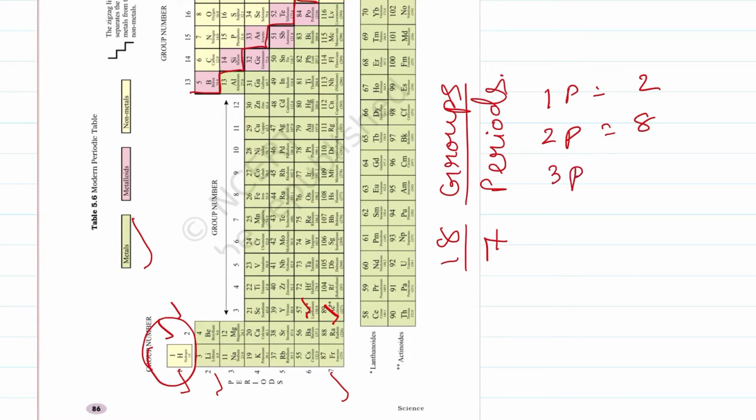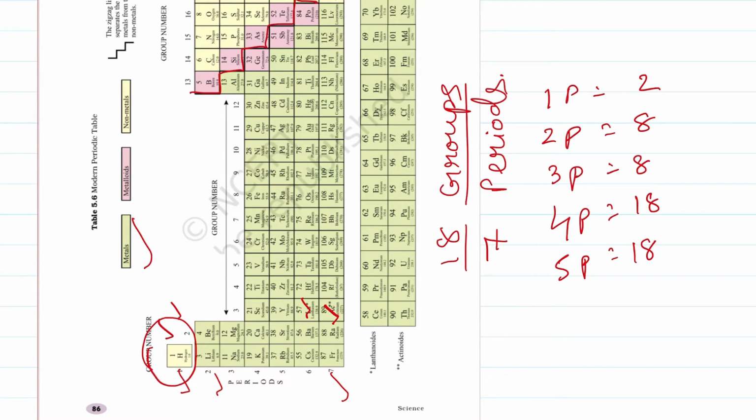In the third period it is 1, 2, 3, 4, 5, 6, 7, 8. In the fourth period it is 1, 2, 3, up to 18. The fifth period also will have 18.